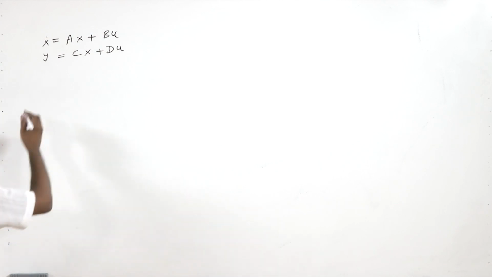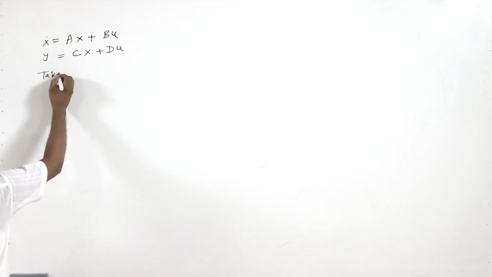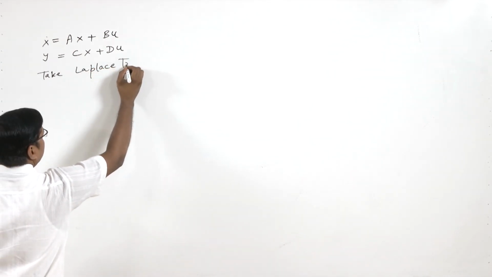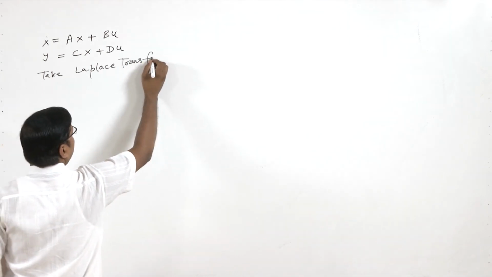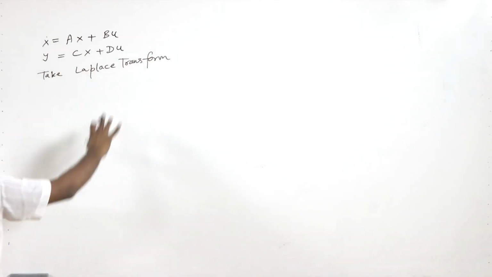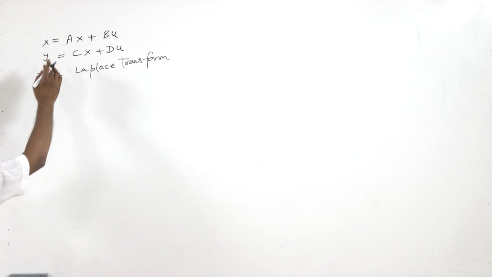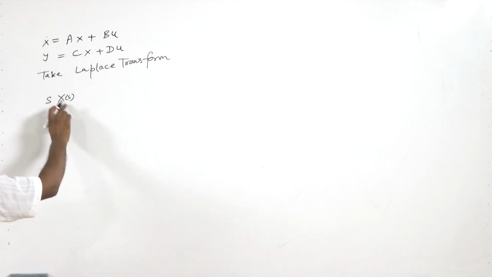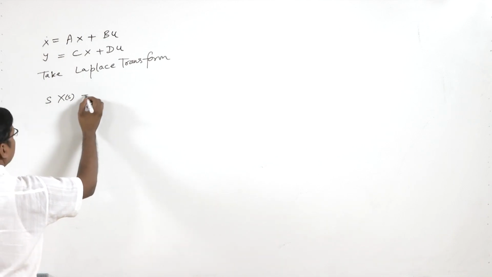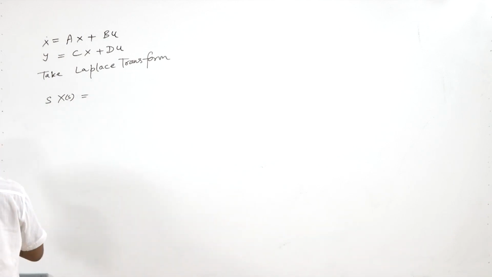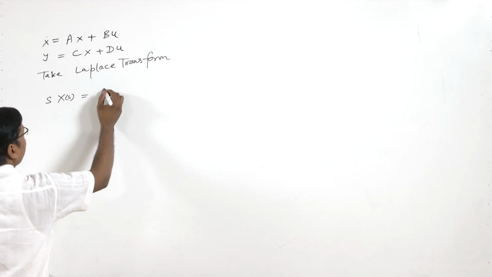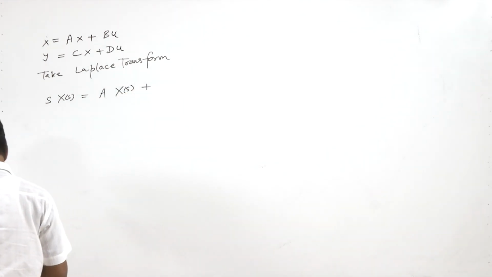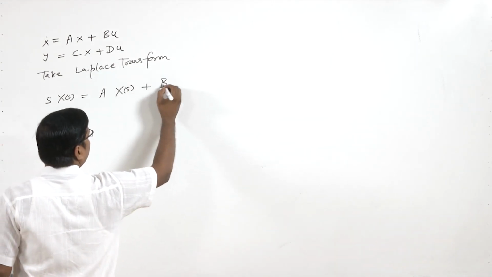So we take the Laplace transform. This is x dot, so we will have s X(s), one derivative, equal to A into X(s) plus B into U(s).